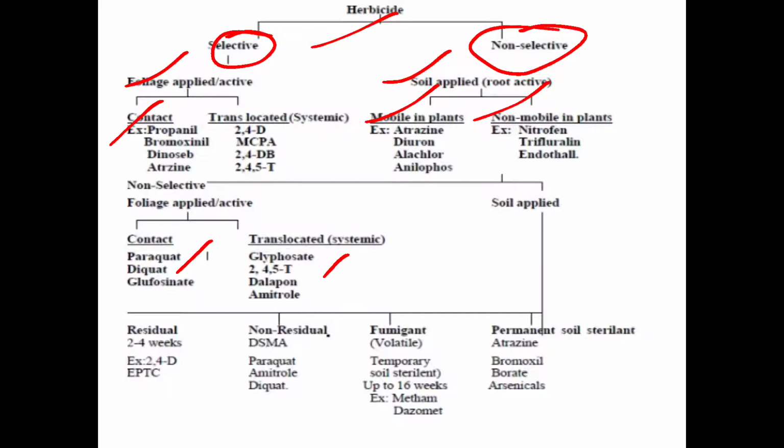Then fumigants, which are soil sterilants, meaning their toxicity remains up to 16 weeks. Their examples are metham and dazomet. Then permanent soil sterilants like atrazine, borate, arsenite, bromoxynil.